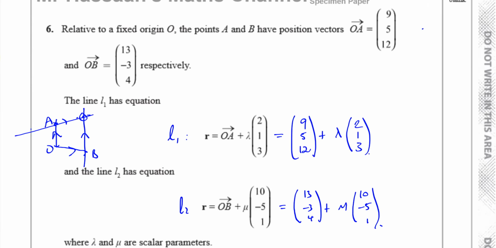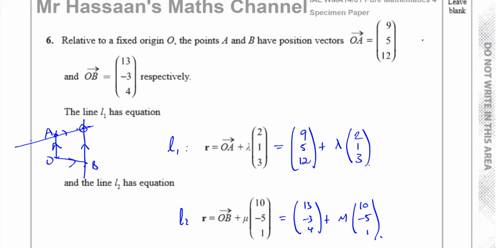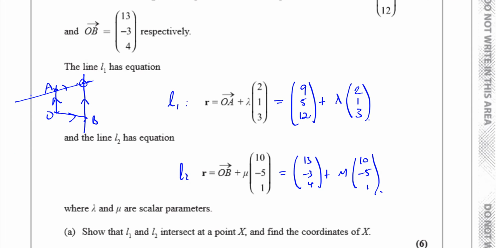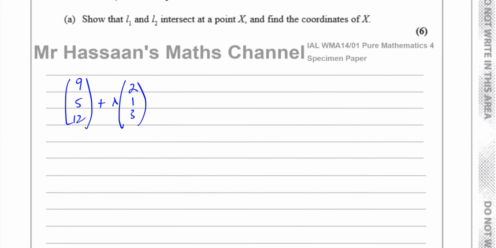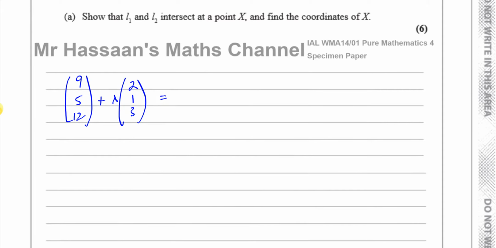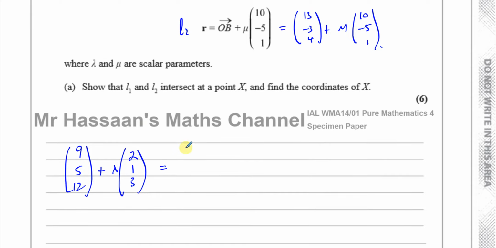Let's just make sure of that. (9, 5, 12) and (2, 1, 3), that's right. And you've got (13, -3, 4) and (10, -5, 1). That's going to be equal to (13, -3, 4) plus mu times (10, -5, 1).